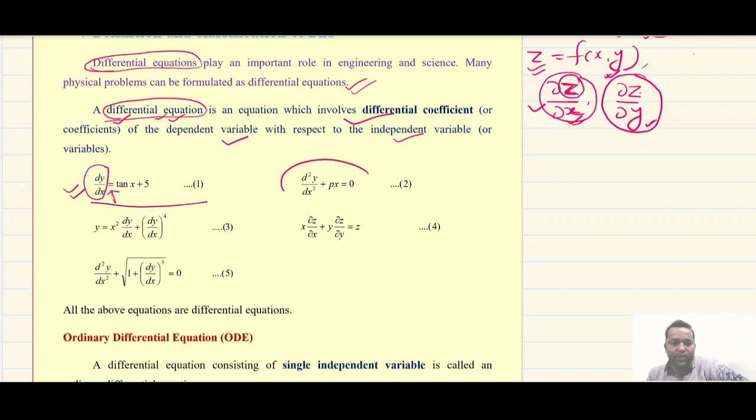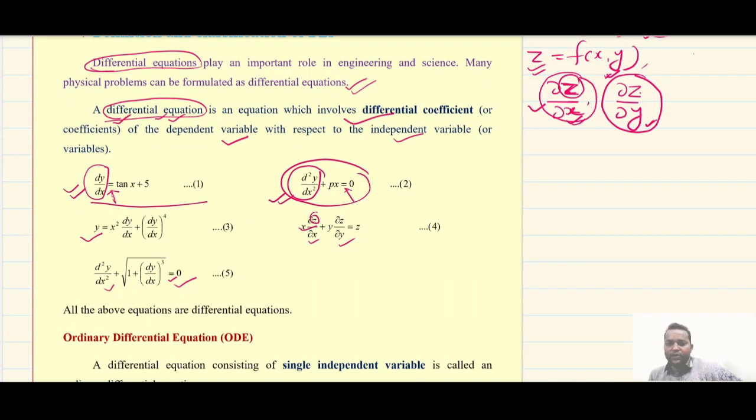Similarly, in the second equation, again the equal sign as well as the derivatives are involved. Therefore, equation 2 is also a differential equation. Similarly, the third, fourth and fifth are all differential equations, since all have an equal sign as well as the derivative of the dependent variable with respect to independent variables.